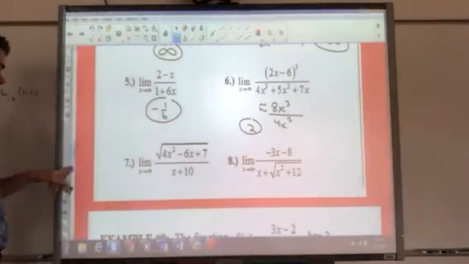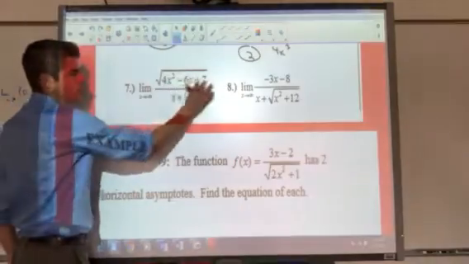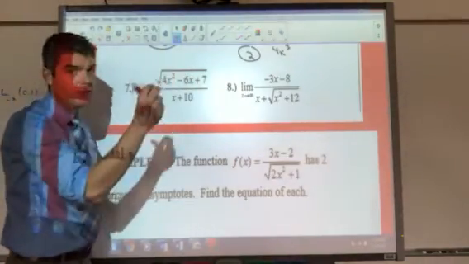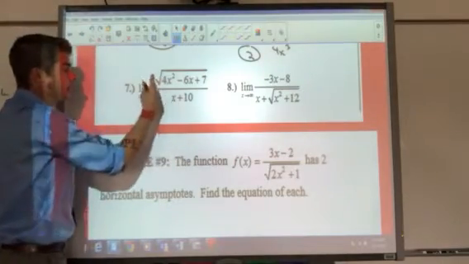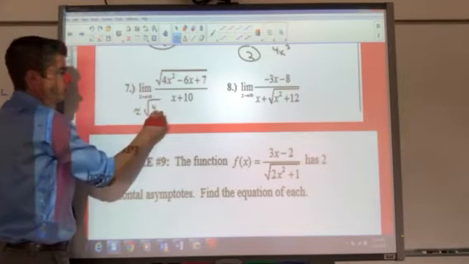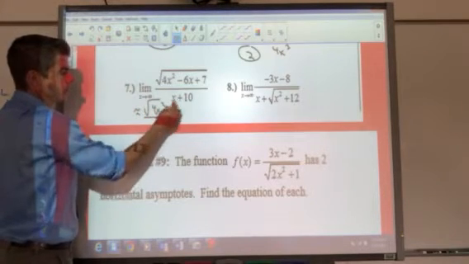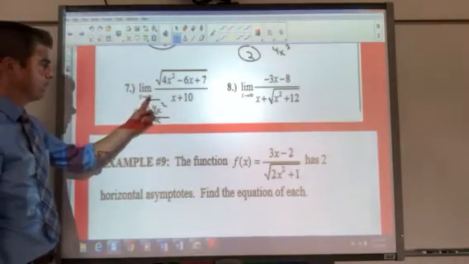Number 7 and 8, when you start involving square roots, you have to realize that whatever takes control here is still under the influence of that square root. And so the numerator is going to behave like the square root of 4x squared. The denominator will keep that x. And so as you're approaching infinity, those are positive values.